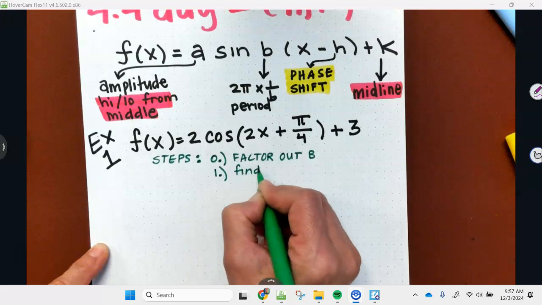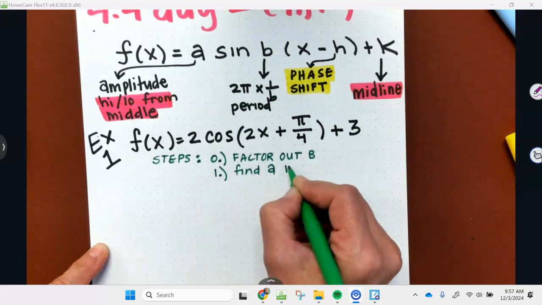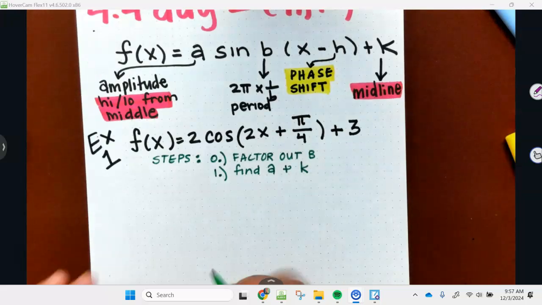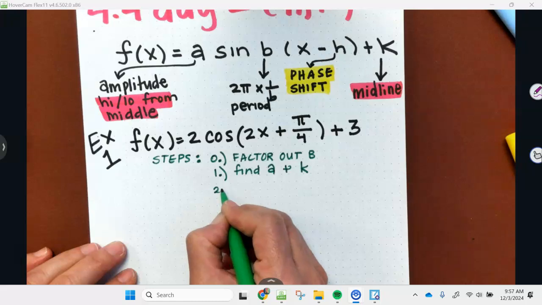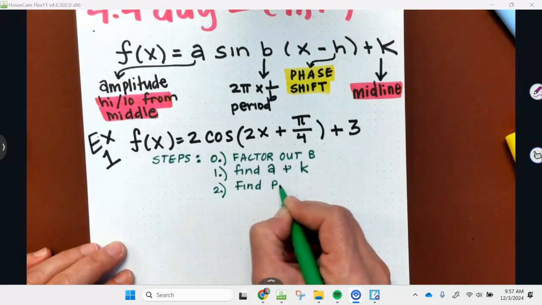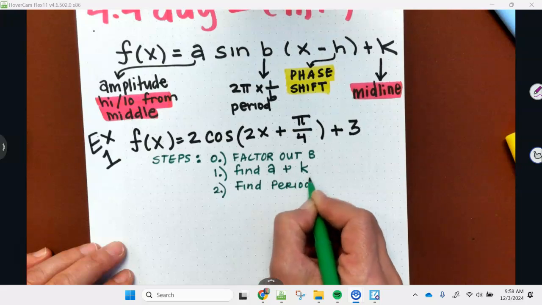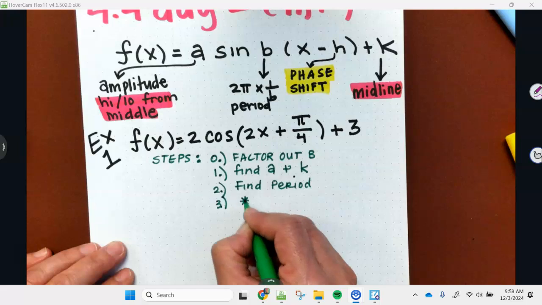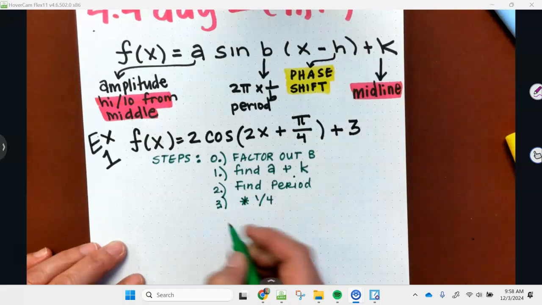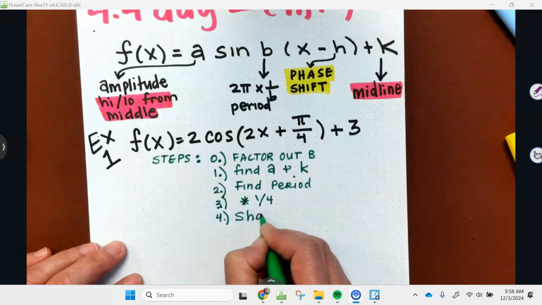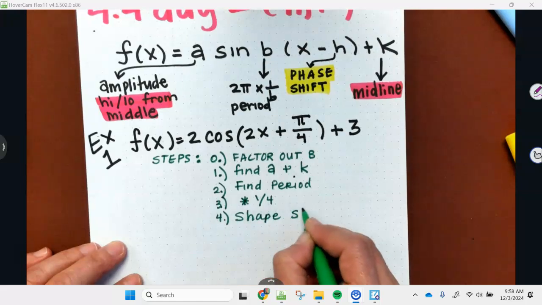Find A and K. Step 2. Find your period just like yesterday. Find your tick marks, multiply it by 1/4 just like yesterday. And then draw the shape and where it starts.